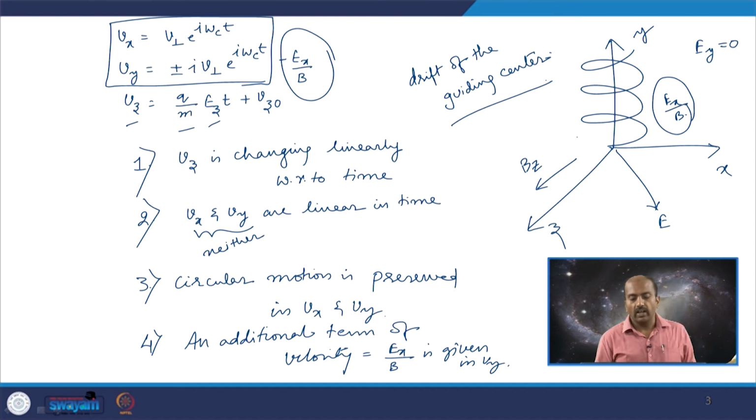This drift of the guiding center is due to Ex as well as B. Now, let us learn more about this drift velocity. We can say that the Larmor motion is preserved in a perpendicular E and B field. In addition to this, you have an additional component which you call the drift of the guiding center.